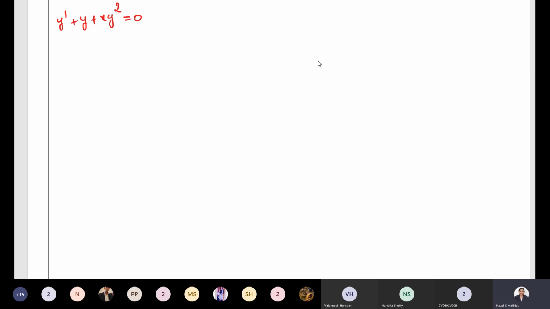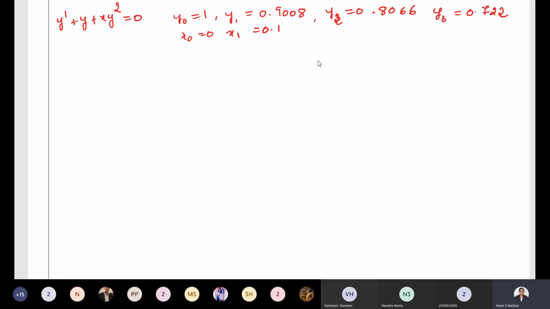What are the initial values of y which are given over there? y0 equal to 1, y1 equal to 0.9008, y2 value is 0.8066, y3 value is 0.722, corresponding to the values of x, where x0 is 0, x1 is 0.1, x2 is 0.2 and x3 is 0.3.